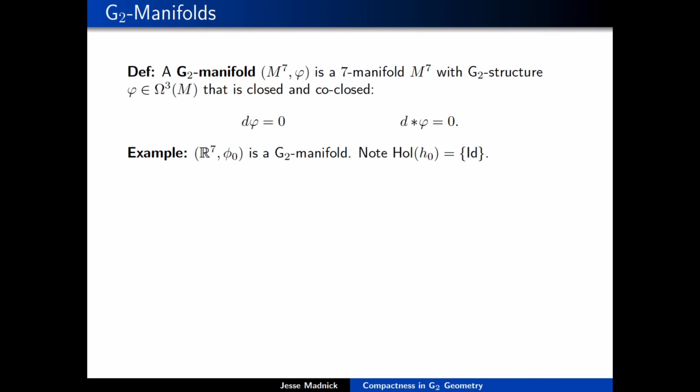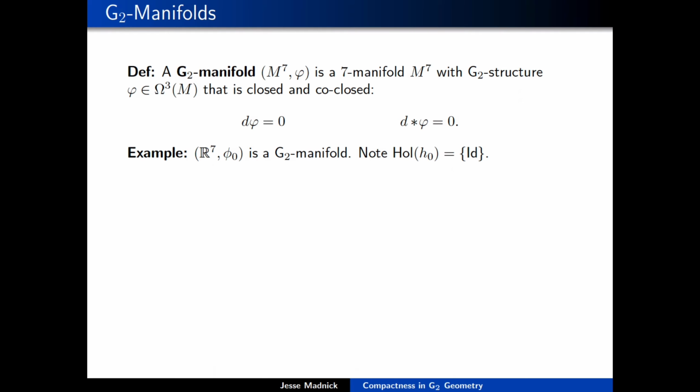Okay, so in a way, a somewhat deeper concept is that of a G2 manifold, right? Just as with an almost complex structure, you are really primarily interested in the case when it's integrable. This is somehow the analog of that in a certain sense.